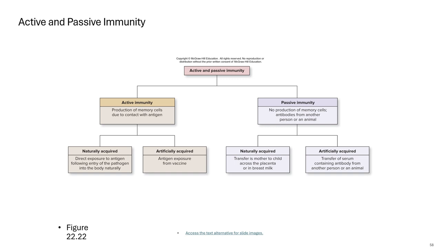You have what are called live attenuated vaccines, where you have a weakened version of the pathogen. And these are typically more long-lasting, right? So the MMR vaccine, the measles, mumps, and rubella vaccine, is a live attenuated vaccine, right? So it provides much more long-lasting immunity.